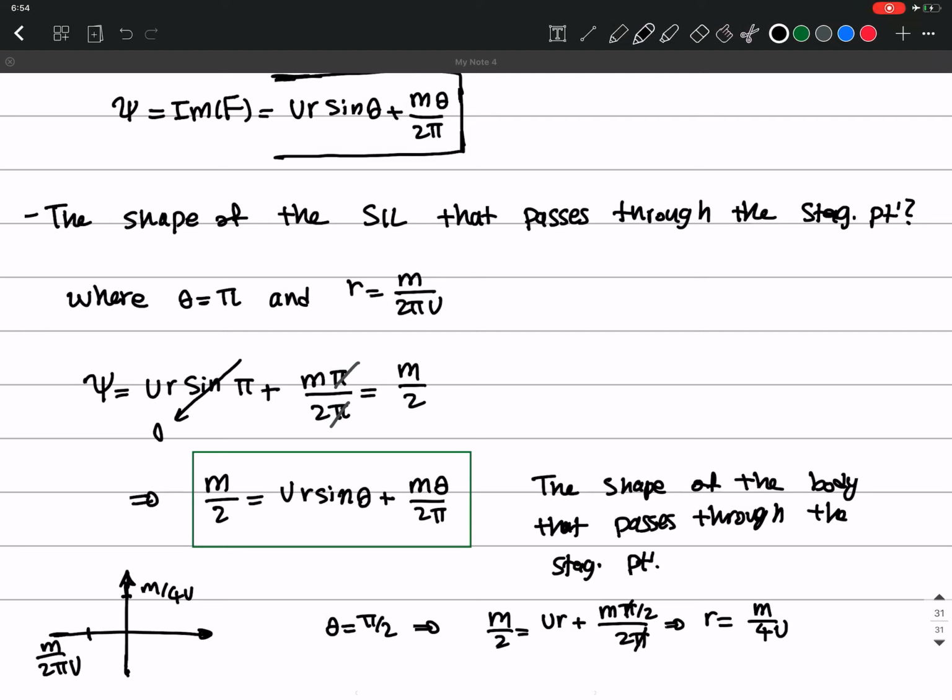At different positions you can find this. For example, at theta equals 0, r should be infinity, because it's not defined there.